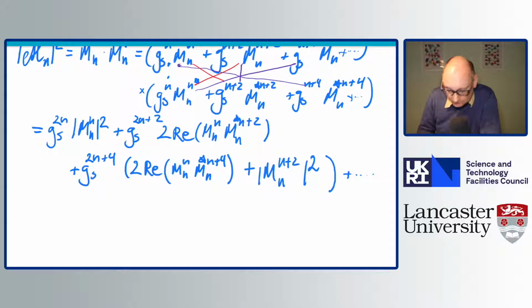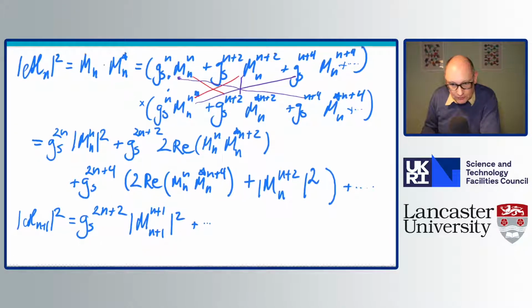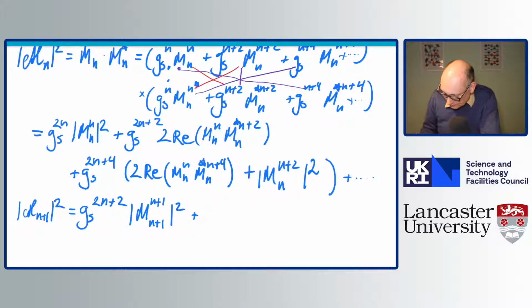If we square that one, the amplitude with n plus 1 legs squared will be equal to gs to the power 2n plus 2 times the amplitude, let's just write it as M n plus 1 to the power n plus 1 squared, and then of course there are higher order corrections to that, just as we wrote it before, and the next power will be gs to the 2n plus 4.